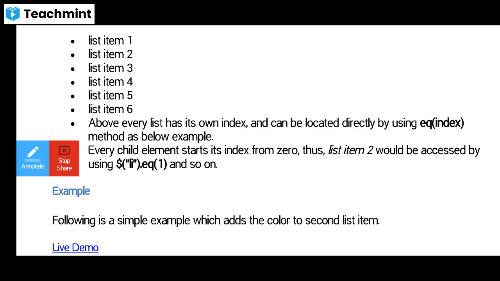Here one disadvantage is there. What is the disadvantage of equivalence index? Here we are going to select only one list element.